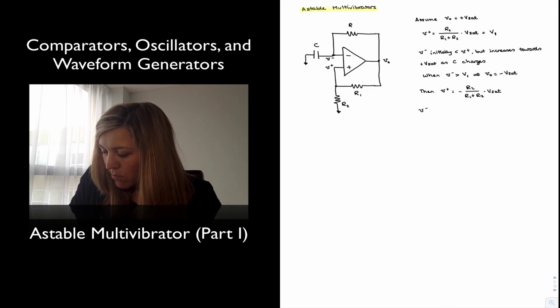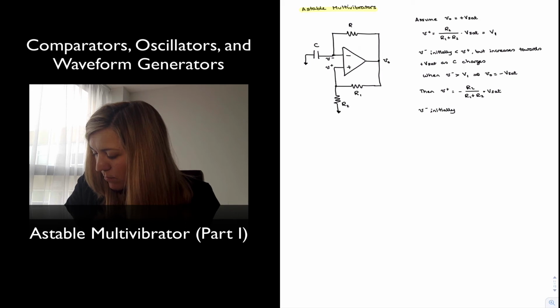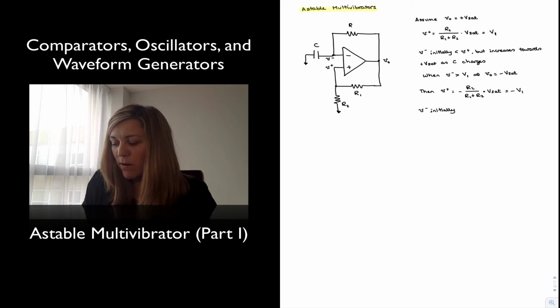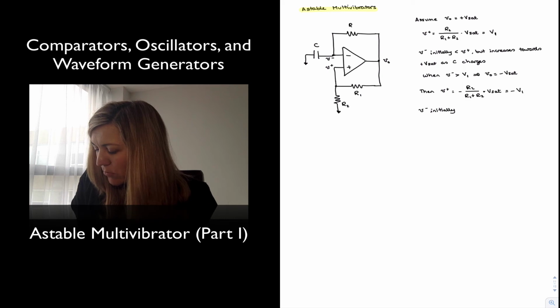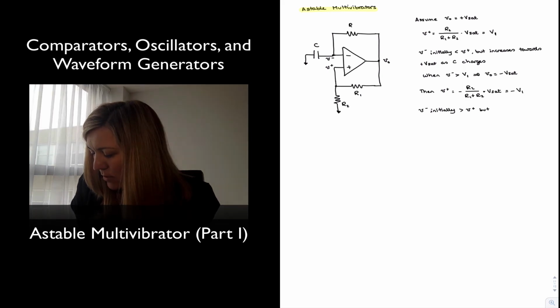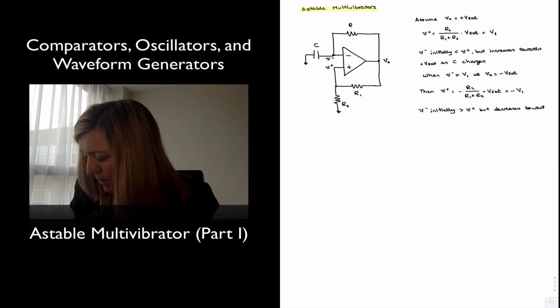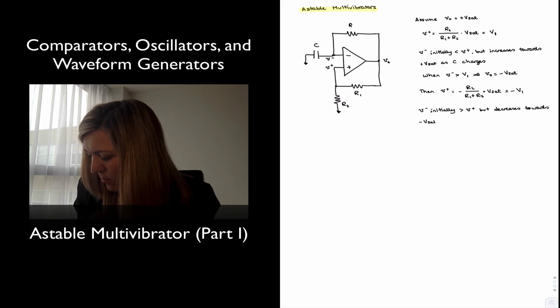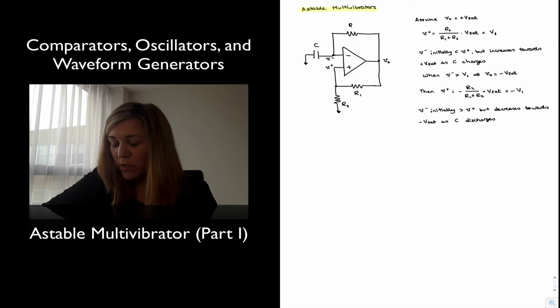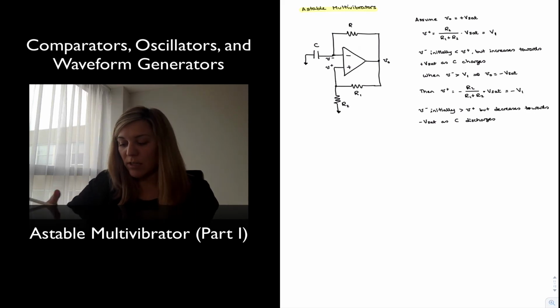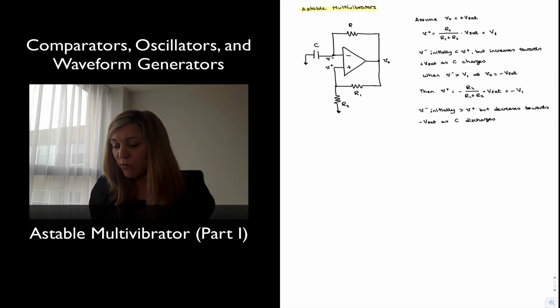This we can identify as negative V1. It's just the opposite of what we labeled previously as V1. And V minus is initially greater than that, because it's initially sitting at V1, but it decreases towards negative Vsat as C discharges. And if it were allowed to discharge completely, ultimately it would reach negative Vsat, which is the value of Vout.